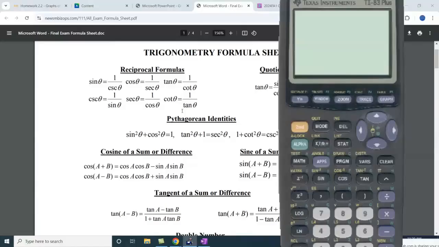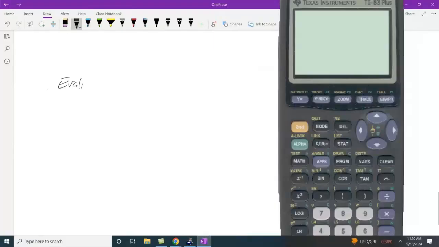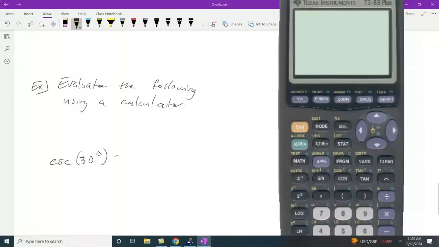Okay. So now here are some examples just using the calculator. This says evaluate the following using a calculator. Let's say you're asked to find the cosecant of 30 degrees.